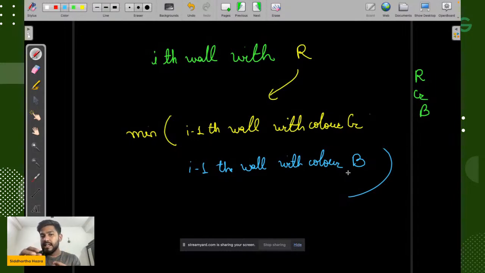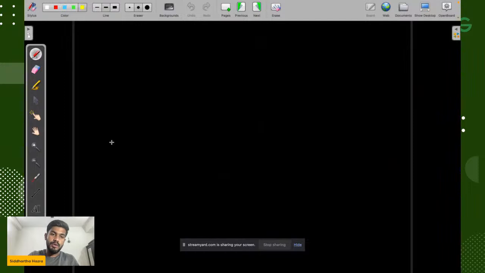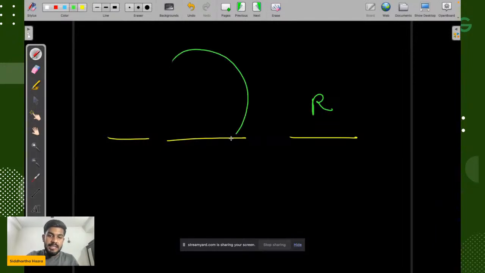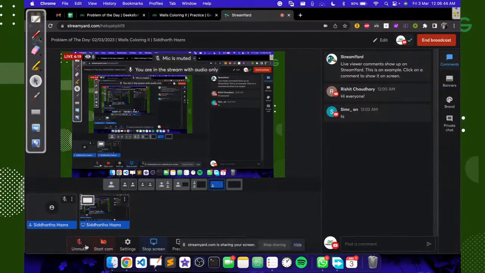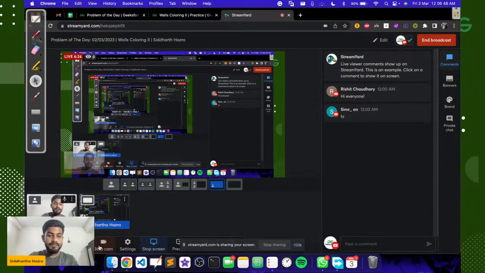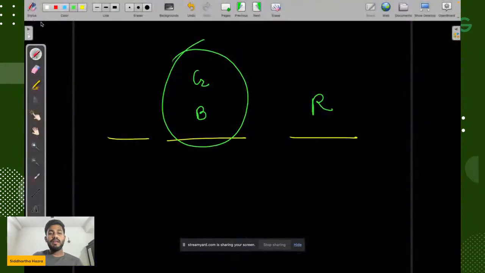That means that previously I can't color it with red. Suppose this is 1, 2, 3, and I want to paint this one with red. Then the previous one needs to be painted with G or B itself.